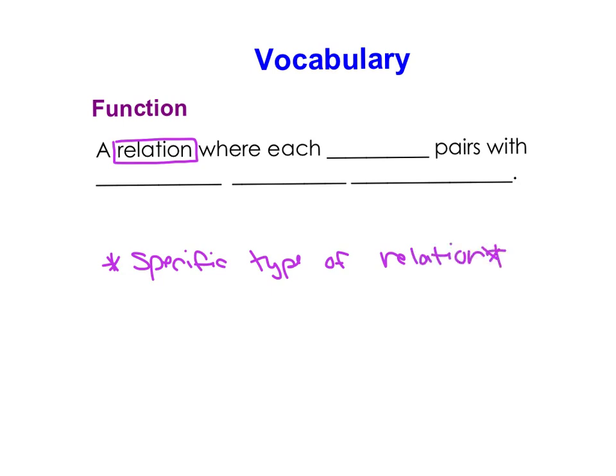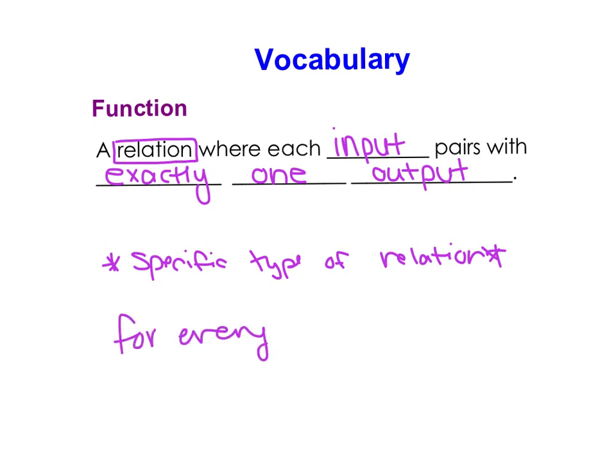A function is a relation where each input pairs with exactly one output value. So this means that for every input, or for every x, there is one y.